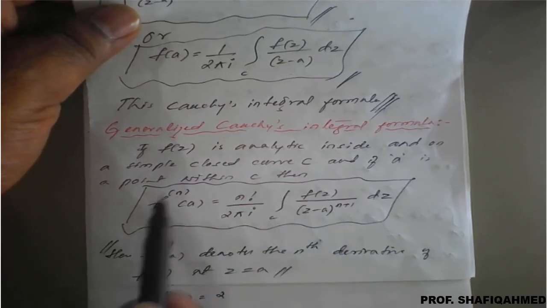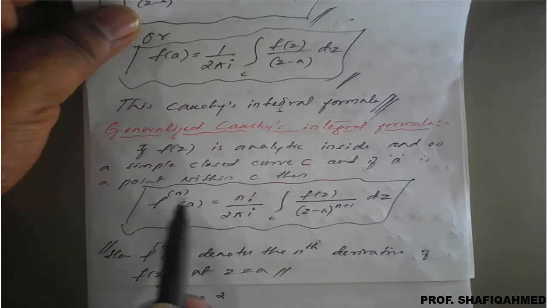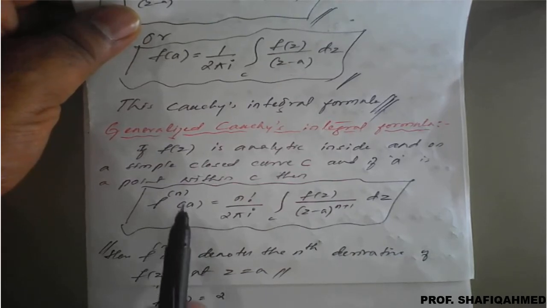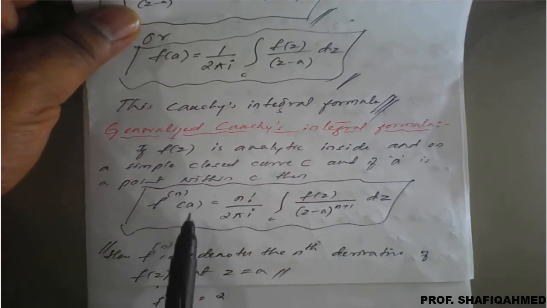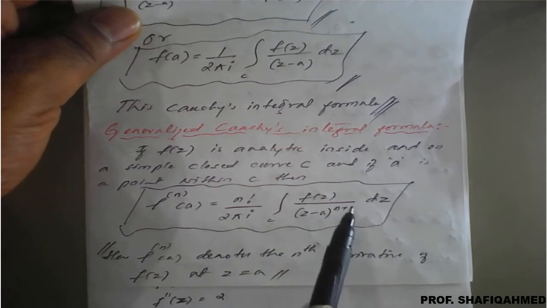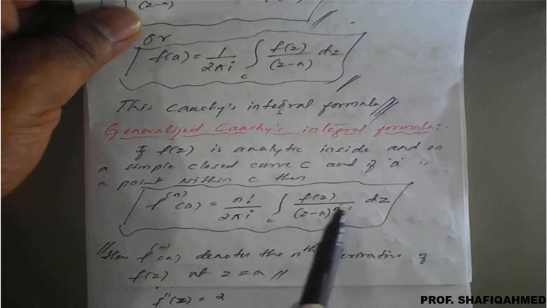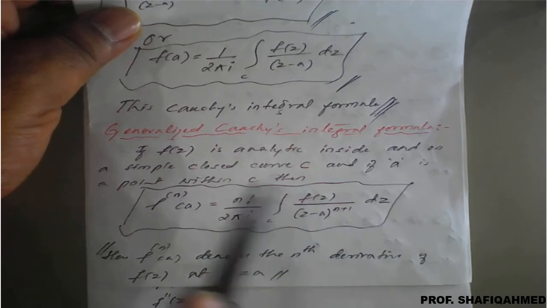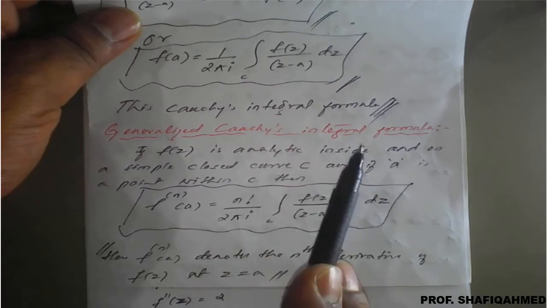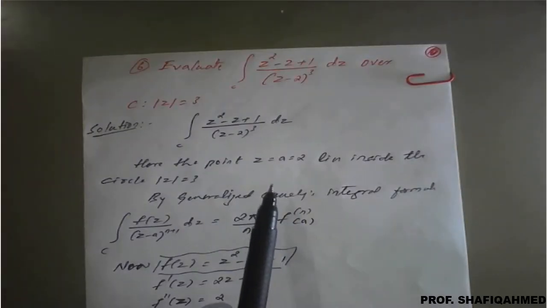So this is generalized formula. So f raised to n is nothing but the given function f of z we have to differentiate n times at a point a, and here if any power of z minus a is a pole, if pole raised to any power is coming, at that time we have to use generalized Cauchy's integral formula. So we'll use this and we'll solve the respective example here.